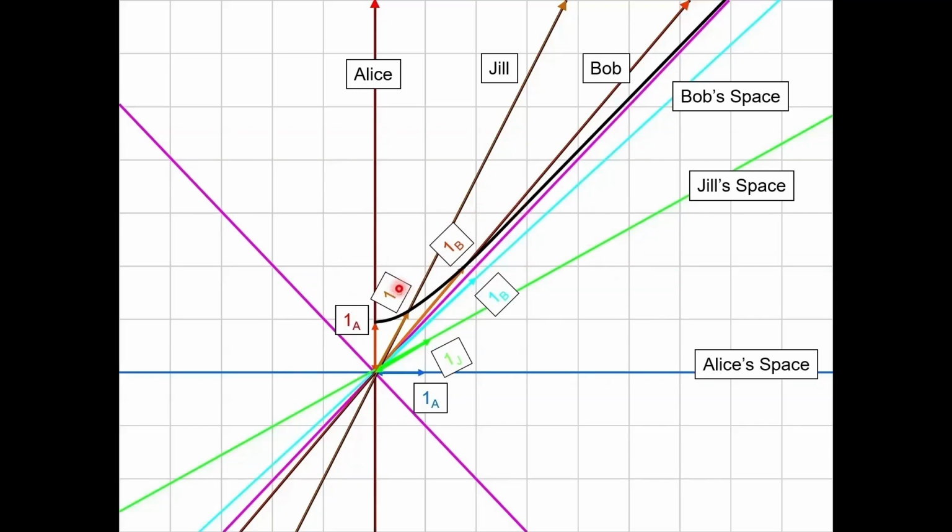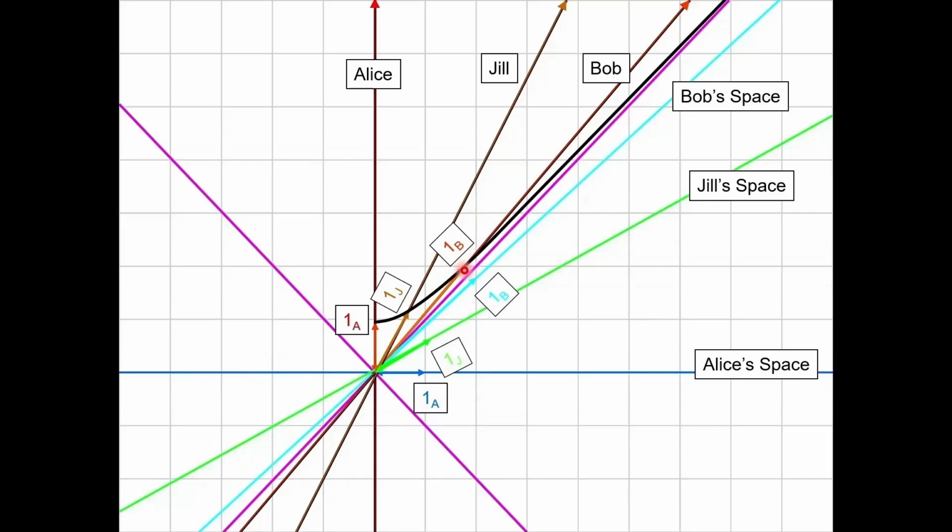Their 1 unit of time is a line that is parallel to, in this case, Jill's space. So the coordinate system is over here, and the next one is over here. And the same for Bob.